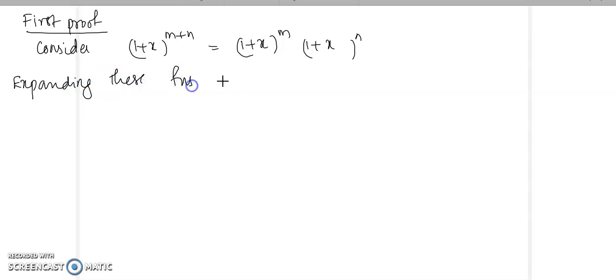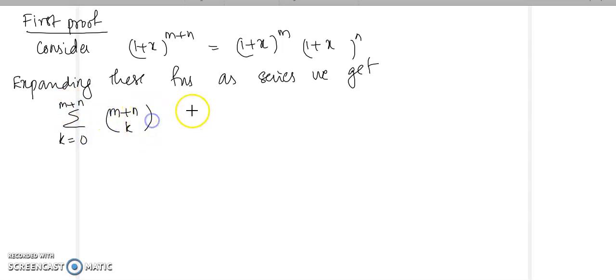Expanding these functions as series, we get, for the first one, the summation with k equal to 0 to m+n of (m+n)Ck 1^k x^k, since 1 raised to m+n-k will be 1 and x^k comes.